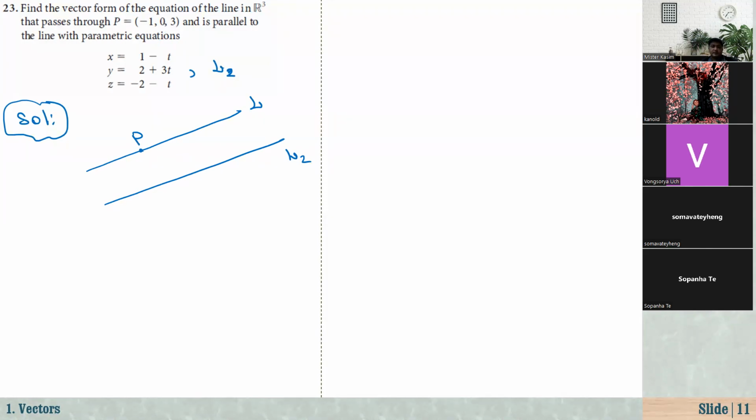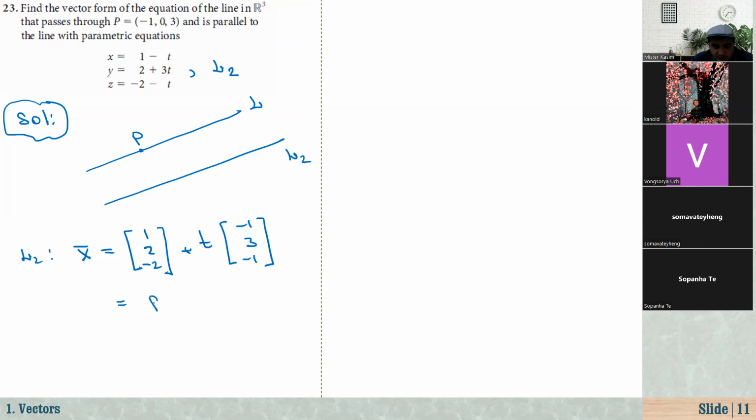From the given equation, I can write L2 as x equals 1, 2, negative 2, plus t times negative 1, 3, negative 1. As we remember, in vector form that is vector p plus t times vector d.